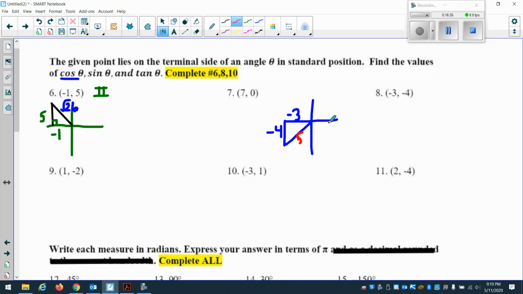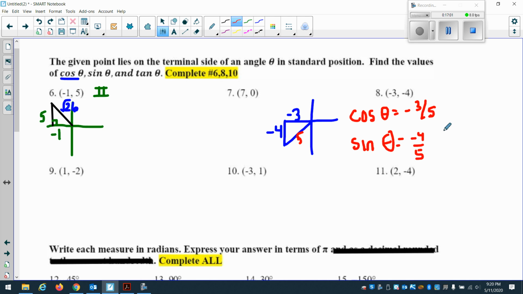So for cosine is adjacent over hypotenuse, so negative 3/5. Then we have sine, which is opposite over hypotenuse, so negative 4/5.